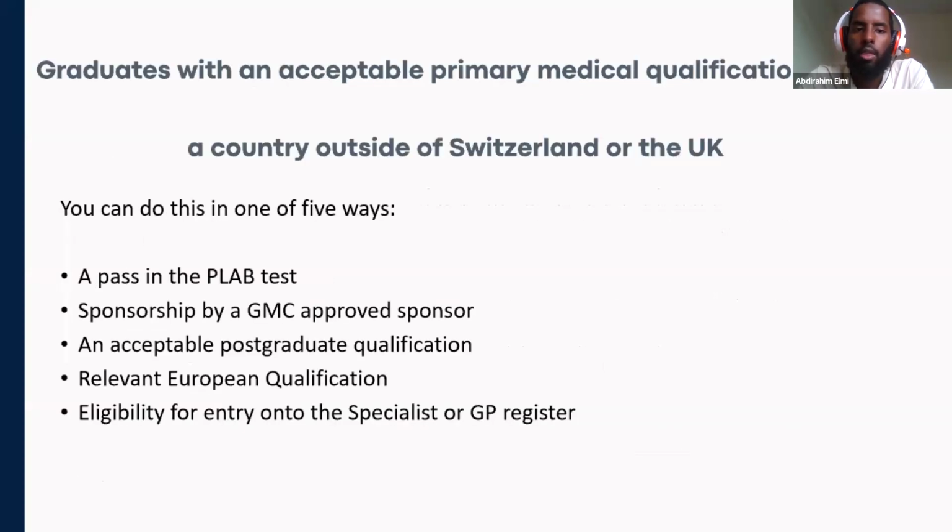So carrying on. For graduates with an acceptable primary medical qualification from outside of Switzerland or the UK, what you do need is a pass in the PLAB test. This is the medical exam that my colleague spoke about earlier.